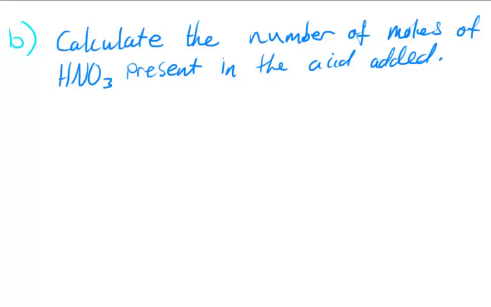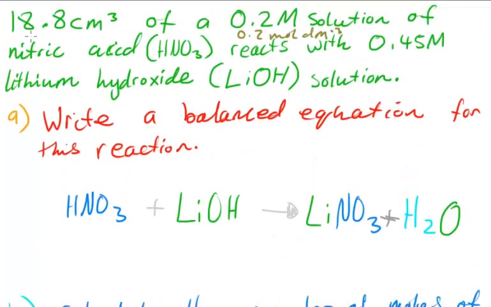So this is the acid added, and this here is the volume, 18.8 centimeters cubed, and this is the concentration, 0.2 moles per dm cubed.